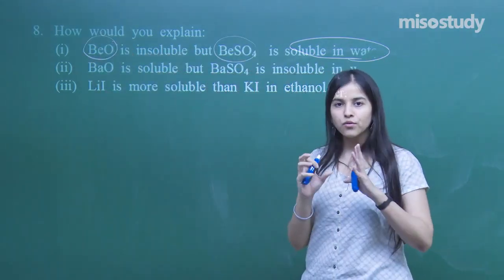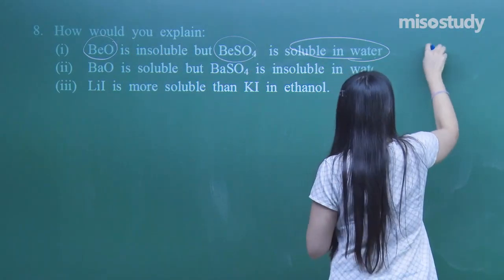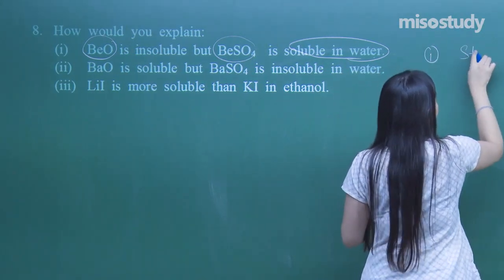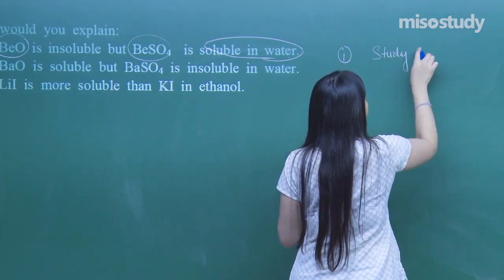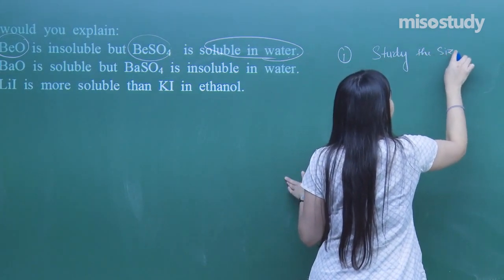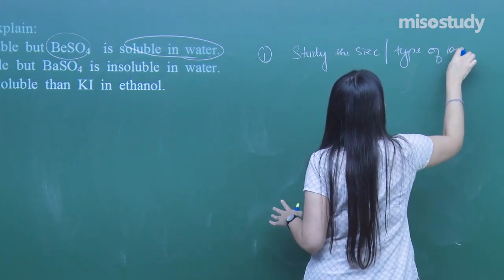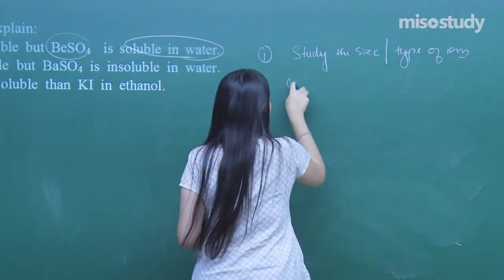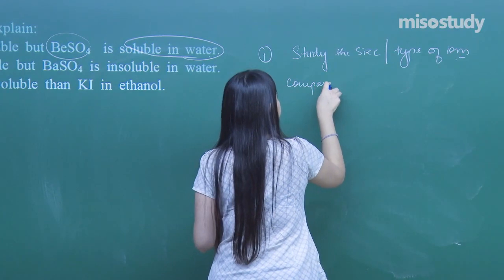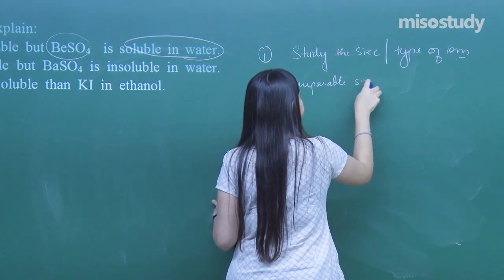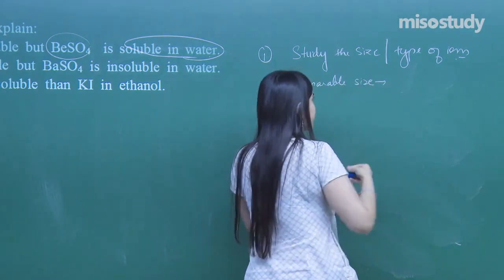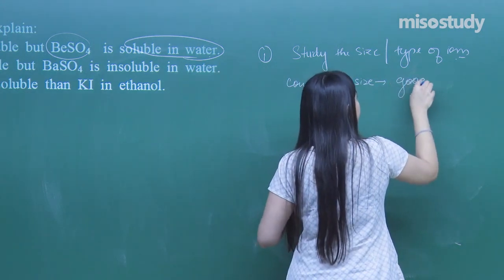First of all, what is the first step you need to do? First step is study the size and type of ions. If comparable sizes, then it is a good ionic compound.